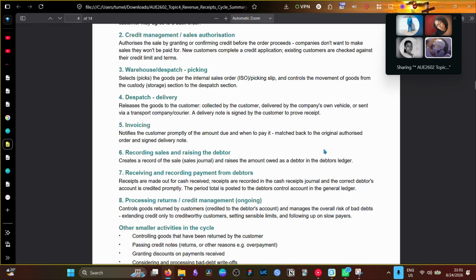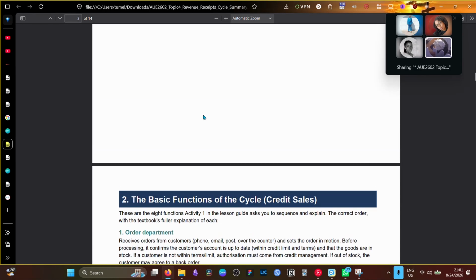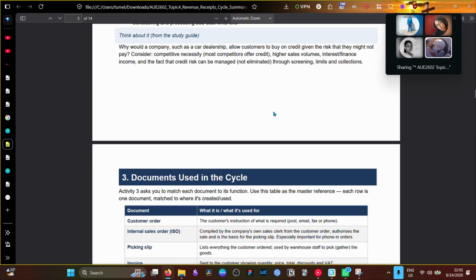Check the proper wording in the learning material. Maybe they call this warehouse instead of dispatch. You see how the revenue and receipts cycle is also called the sales and collection cycle. Don't rely on these notes alone to study. This is just a summary.